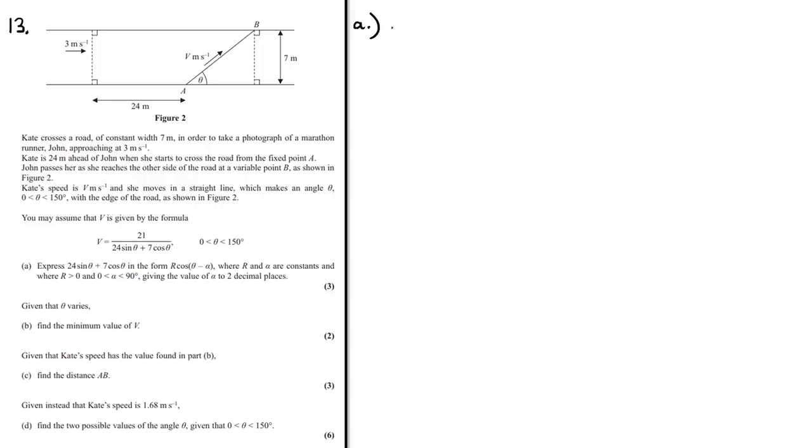So this is a pretty standard type of question. You've probably come across many of these in your past paper revision and just general revision in class. There's just something to be very careful of with this part A and this type of question that they've given us. So what we've been asked to do is express 24 sine theta plus 7 cos theta in this form. So it's r cos theta minus alpha.